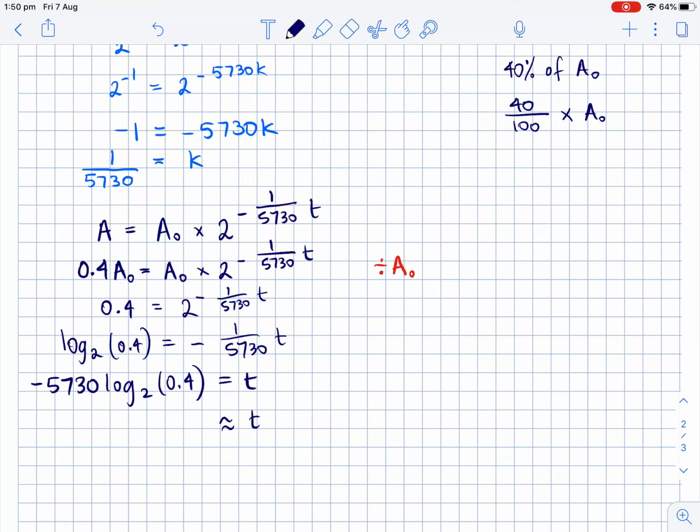Sorry, just finding my calculator again. So negative 5,730 times log to the base 2 of 0.4.